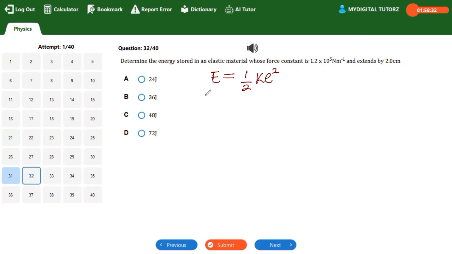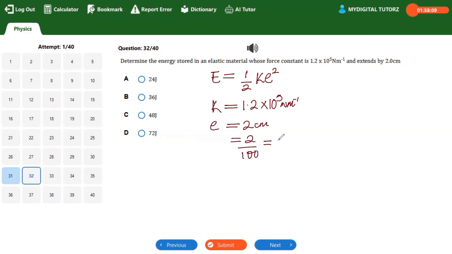Exactly. So now our K is given to be 1.2 times 10 raised to power 5 Newton per meter, and the extension e is 2 centimeters. So convert this 2 centimeters to meter. To do that, you divide it by 100.